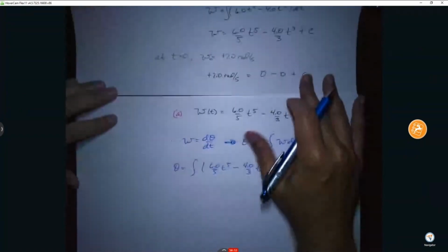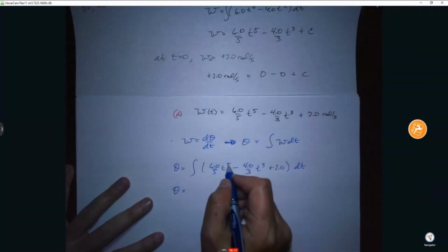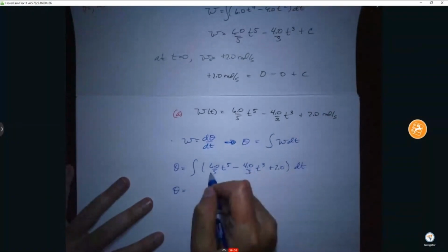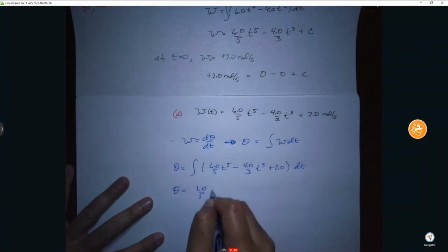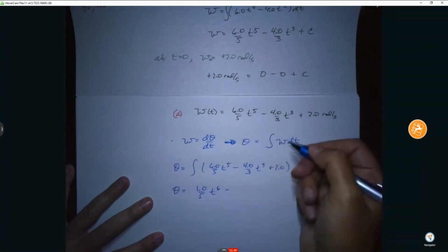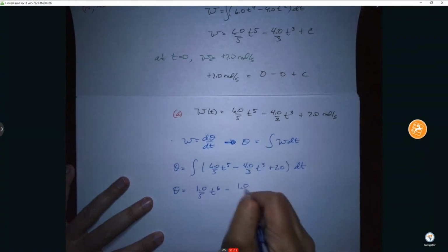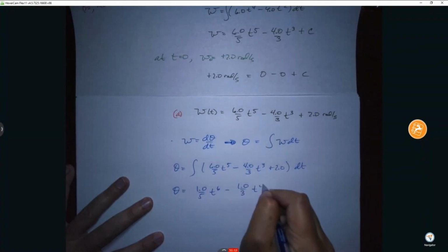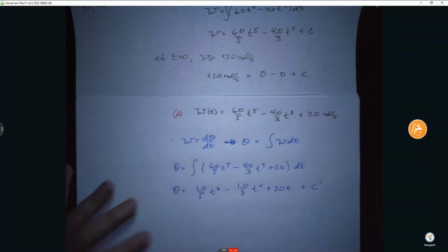Again, be careful not to take a derivative. It's super easy to get those mixed up. Increase by 1, becomes 6. Divide by 6: 6 over 6 gives me 1 divided by 5, t to the 6th. T cubed, increase by 1, you go to 4. Divide by 4: 4 divided by 4 again gives me 1. t to the 4th plus 2t plus some constant of integration. It's a new constant, so I try to make it look different.